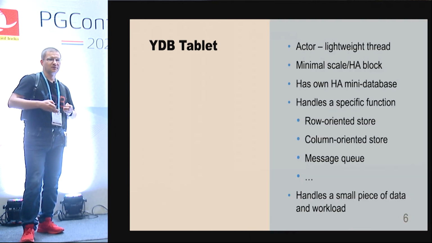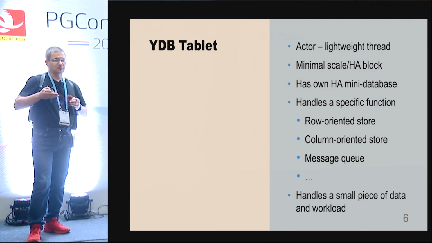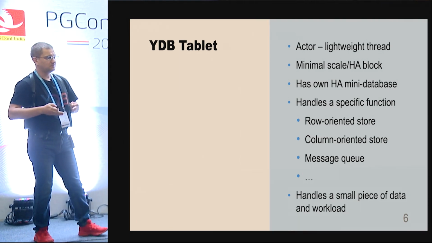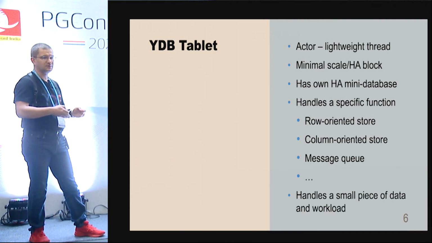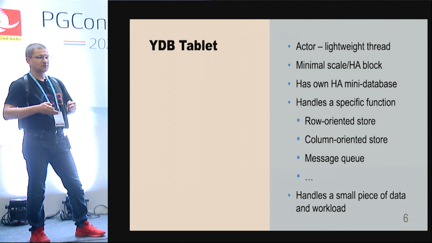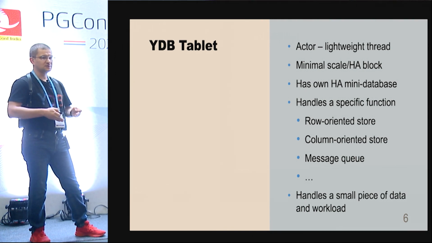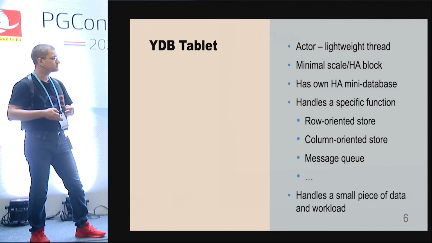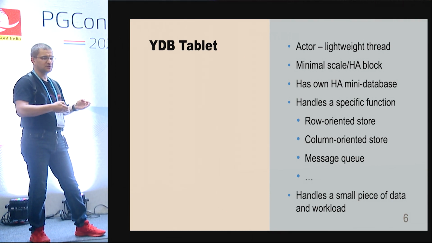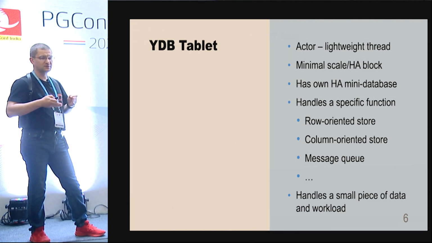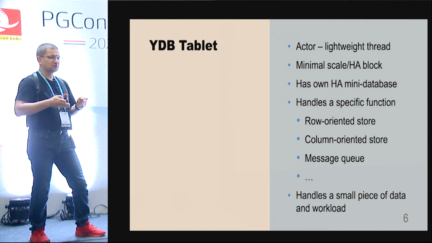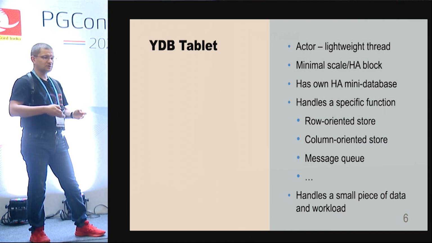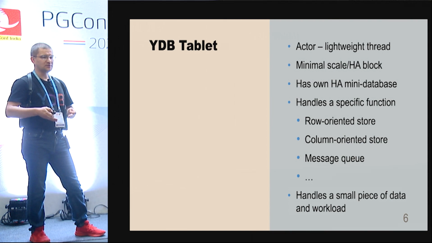How did we do it? The base building block of YDB is the YDB tablet. A tablet is a very light actor. An actor is a lightweight user space thread. And a YDB tablet is an actor with its own storage, with a local database, stored in a highly available distributed storage layer. I will not talk about the storage layer in detail today, but it is used for the YDB storage level.